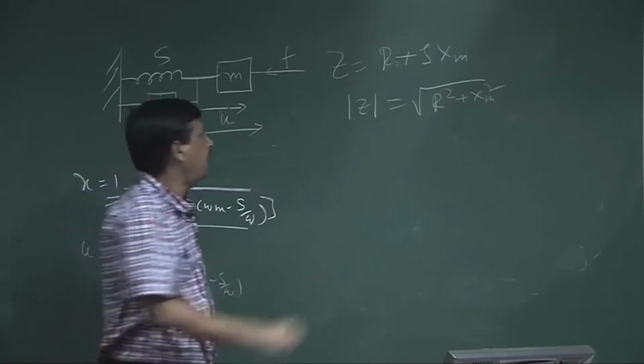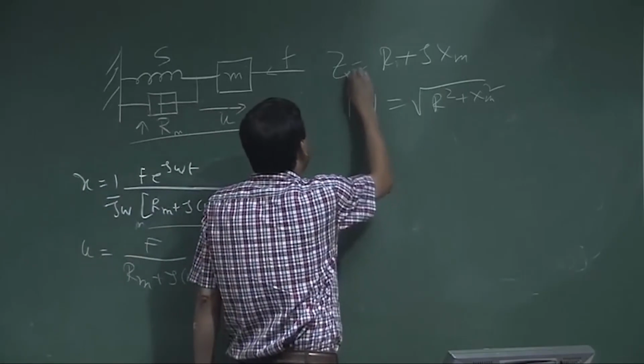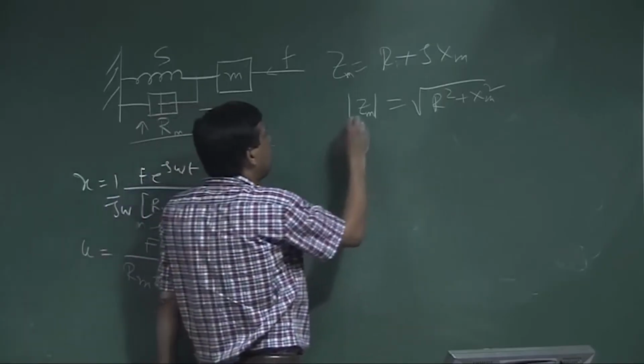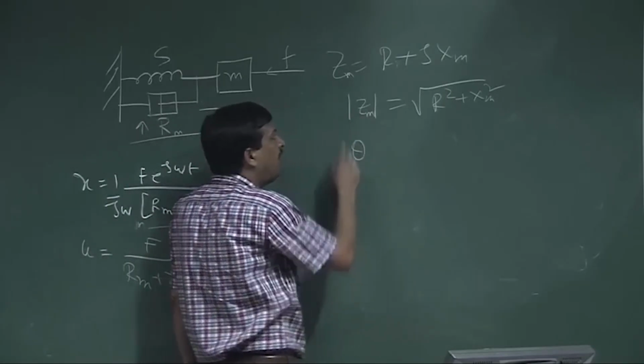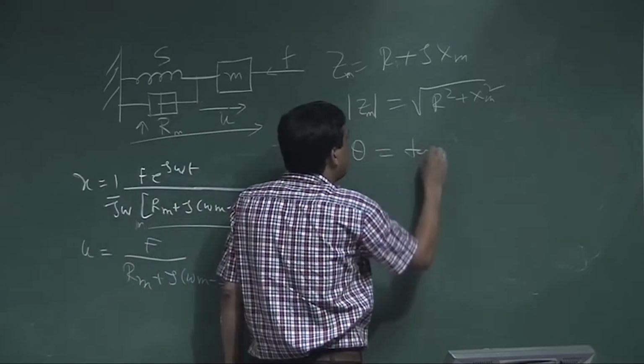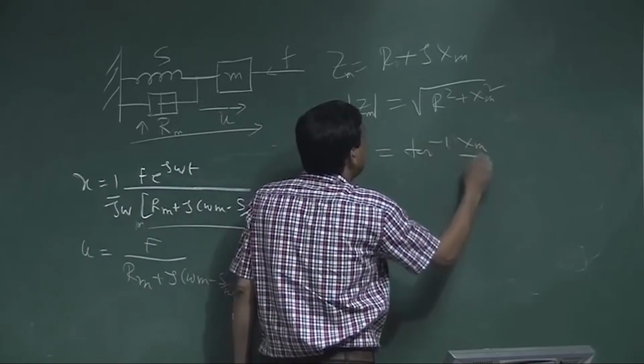Okay. And I should write Zm as mod Zm with an angle theta. So, theta is nothing but tan inverse Xm by R.